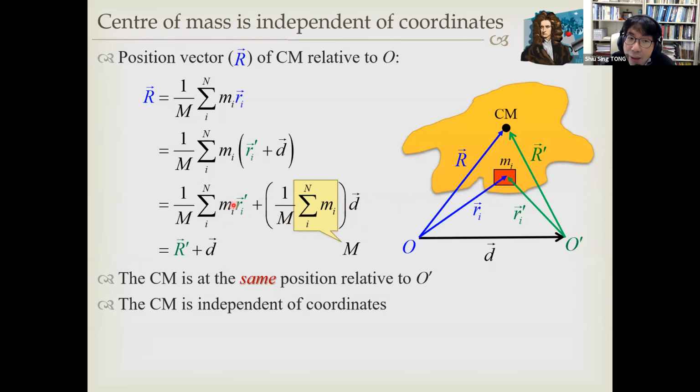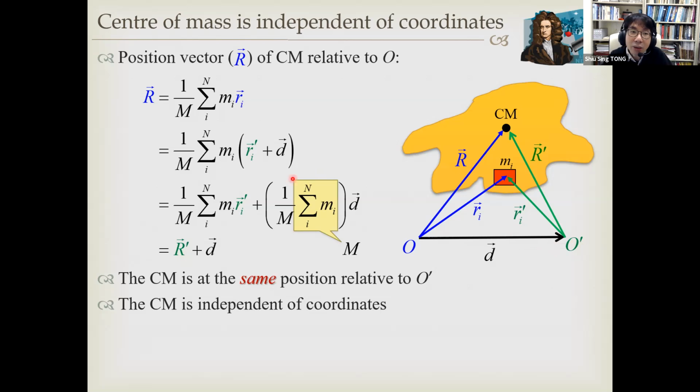What is that? That is, according to this formula, of course, the center of mass position relative to the new origin. If I use my new origin to do the calculation, the center of mass position will be given by this. So I denote it by R prime. R prime is the center of mass position relative to the new coordinate origin.